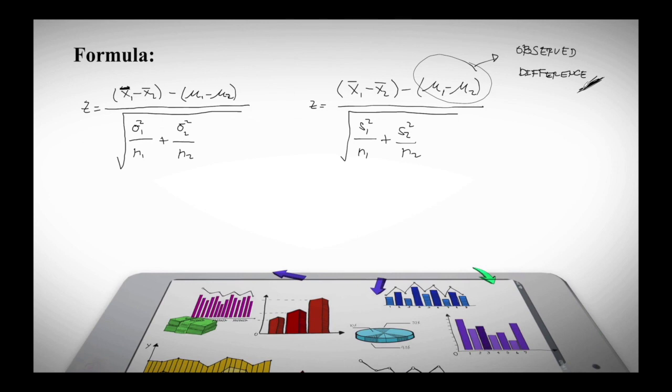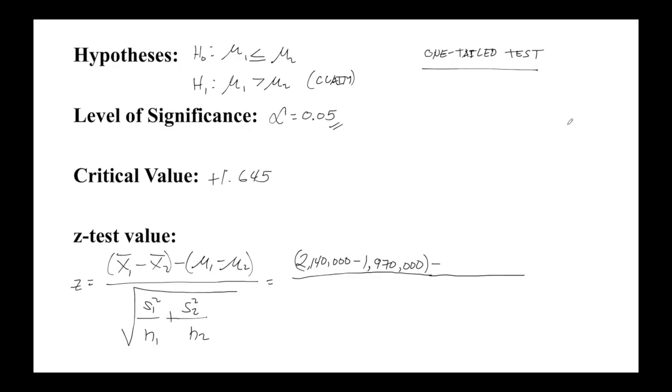So the value of mu sub 1 minus mu sub 2 will be 0 in our computation. I hope you get the idea why we use 0.